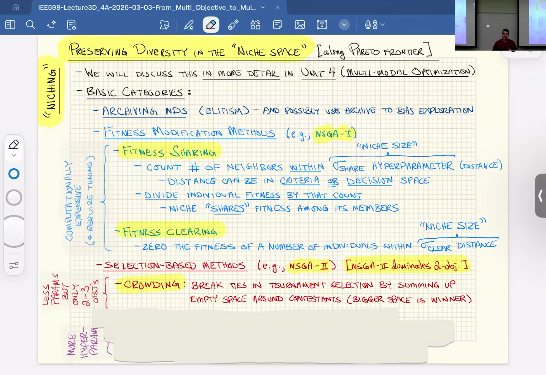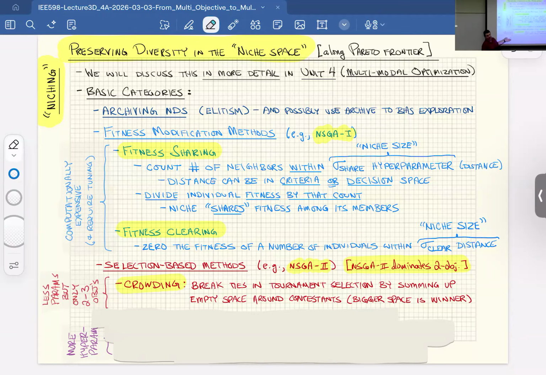And the one that has more empty space is preferred. So if you happen to be in the same rank, but you have more individuals around you, that is going to give you a greater penalty, and you'll then lose that tie. And so you end up penalizing those that have less space around.